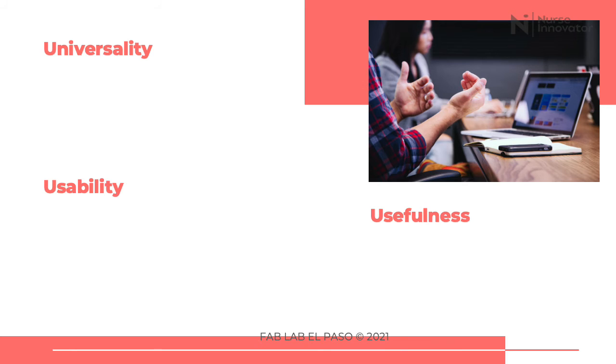Universality is a concept that goes beyond specific differences of race, gender, culture, personalities, habits, etc. It points to commonalities that allow for a product to convert as many people as possible to end users.